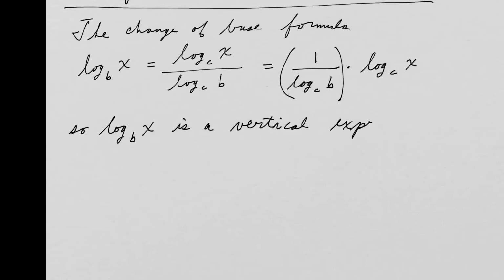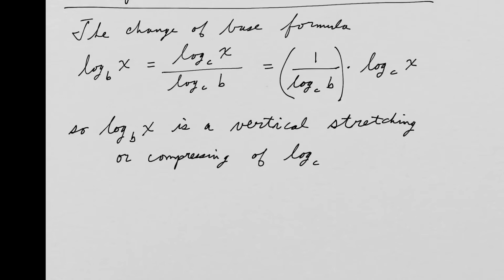So it was a vertical expansion, which is like a stretching, right? Actually, let me just use stretch. Vertical stretch or compressing of log base c of x. Okay, so if you change the base, it's really a vertical stretch or compression of the original log.